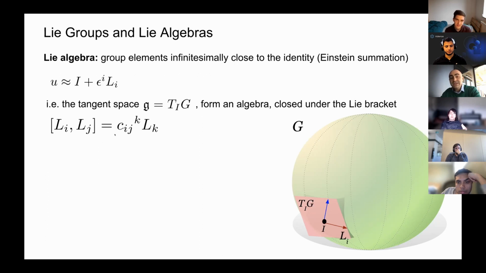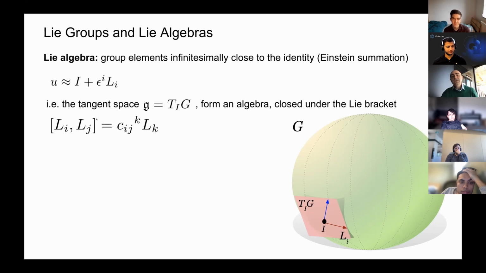Yeah, so the reason this is called a Lie algebra is that under this commutation relation, if you think of these as matrices, for example, in 3 dimensions, then when you do the commutator of these two matrices, Li, Lj minus Lj, Li, you get another one of these matrices, Lk.